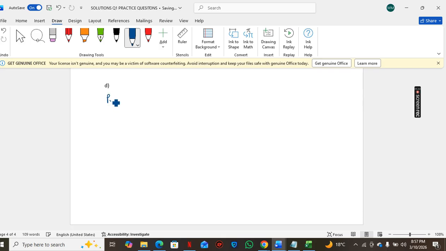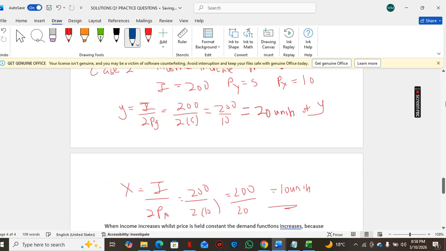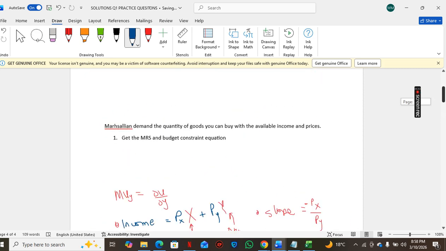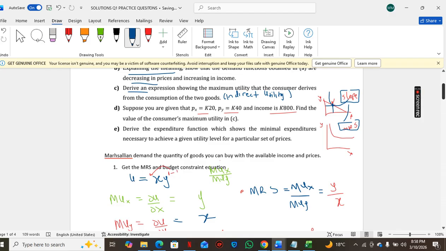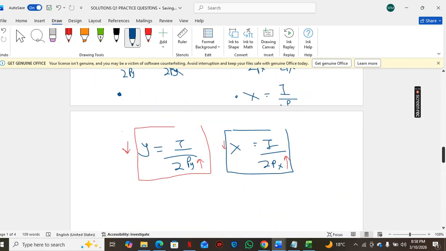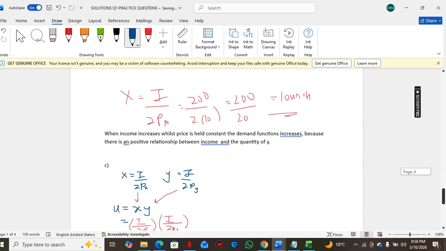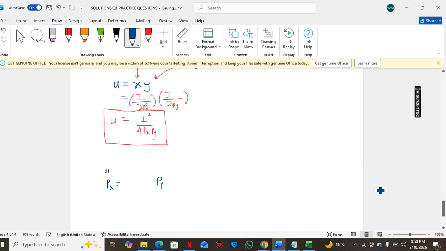Px was what? Px, let's look again. Px 20, py 40. Income equals 800.